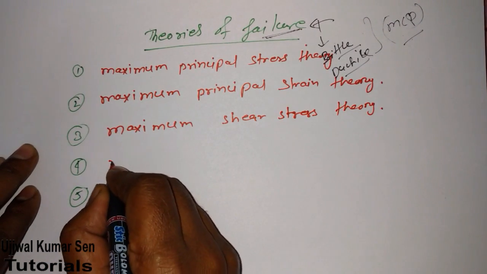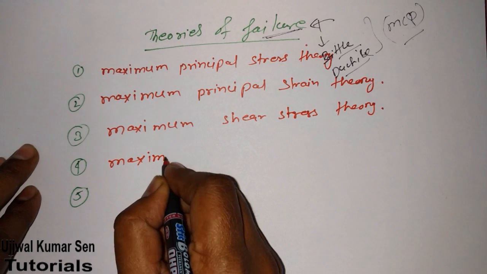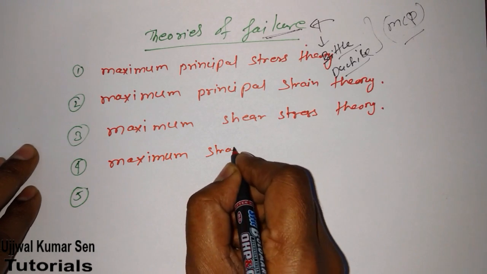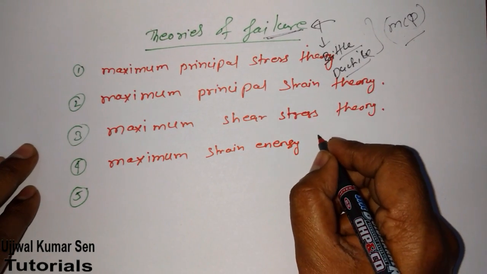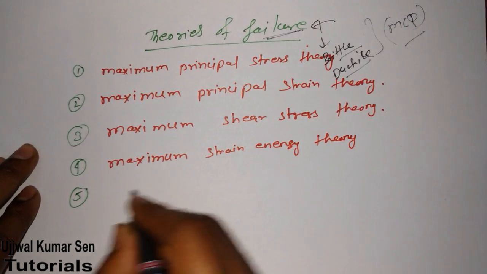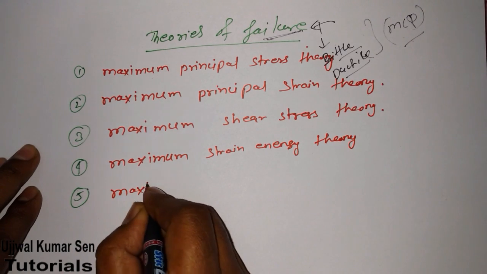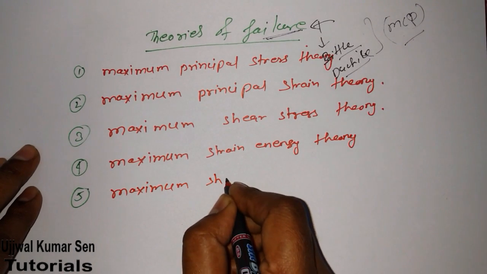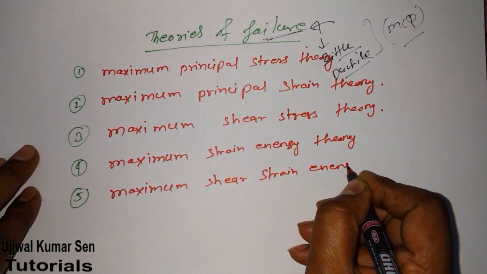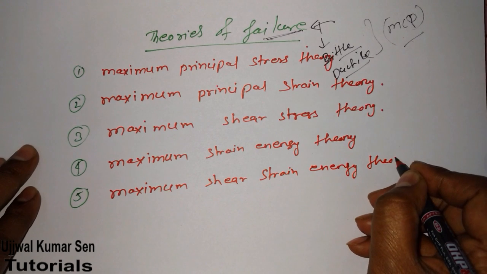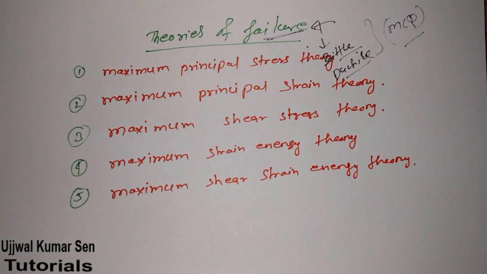Fourth is maximum strain energy theory, and fifth one is maximum shear strain energy theory. Okay, so these are all 5 types of theories of failure, right?